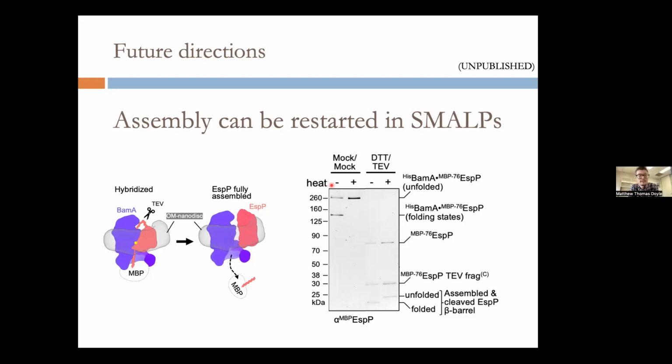Yeah, that's a good question. BAM-A assembles itself, and we got scooped. There was a beautiful structure by the Dan Kahne group at Harvard, showing an intermediate of folding of a barrel, and it was BAM folding a new BAM-A.